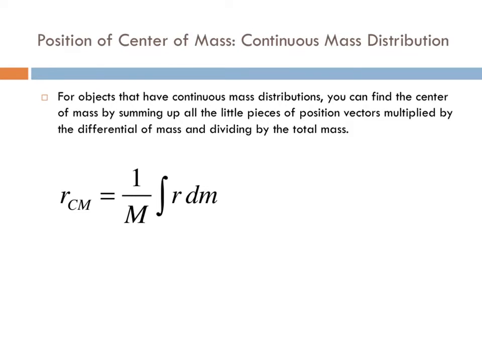So for objects that have continuous mass distributions, you can find the center of mass by summing up all the little pieces of position vectors, multiplying it by the differential of mass, and dividing by the total mass. Again, we still see our summation here, but because we're adding all these infinitely tiny pieces of mass together and multiplying them by their position vectors, then we have to use an integral symbol instead.